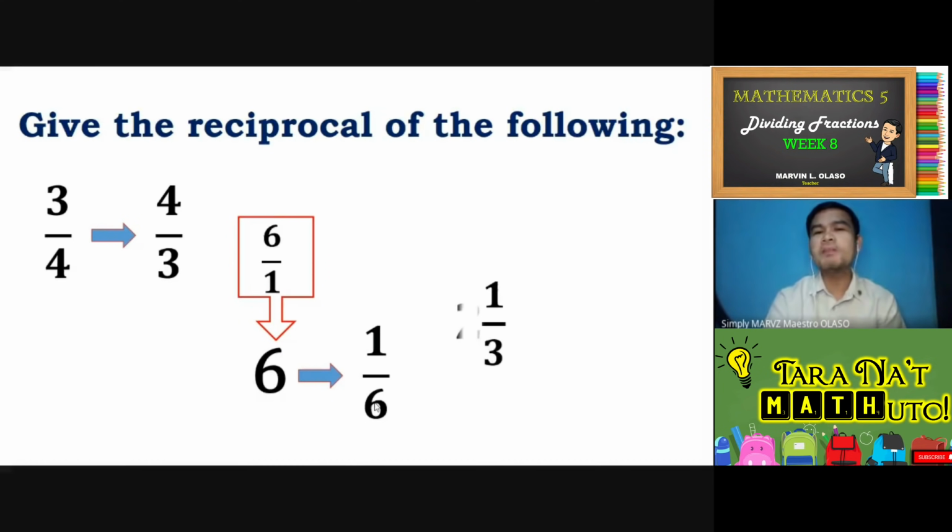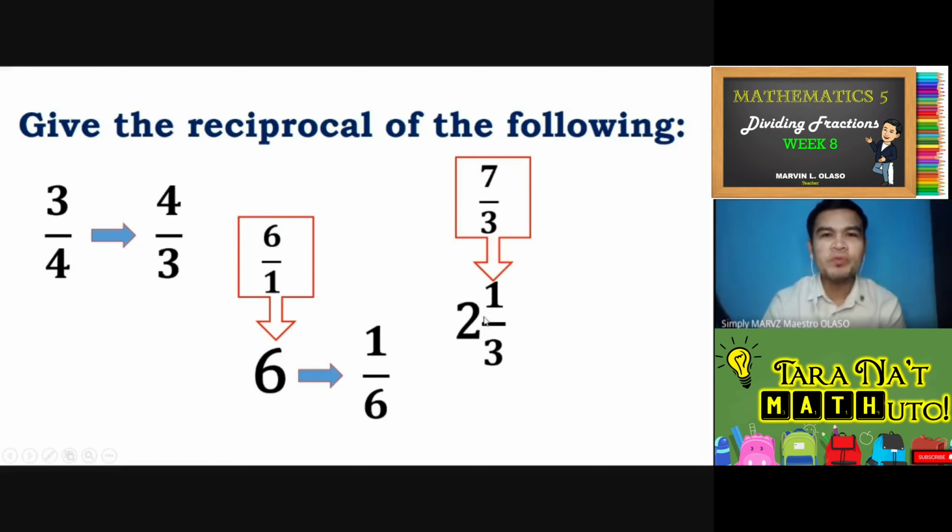All right. Now, what about the given number is a mixed number or a mixed fraction? How do we find the reciprocal? Okay, tatandaan to ha. If the given is a mixed number, change first into improper. What is the improper fraction of 2 and 1/3? Multiply 3 times 2, 6 plus 1, 7, then copy denominator.